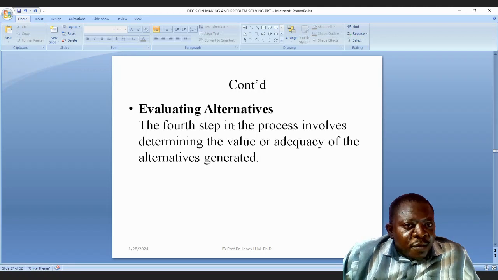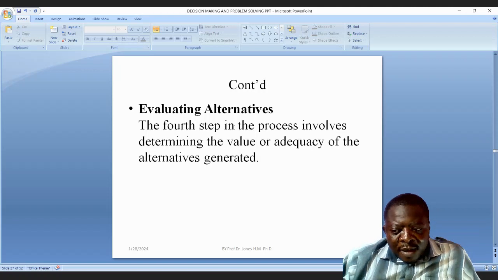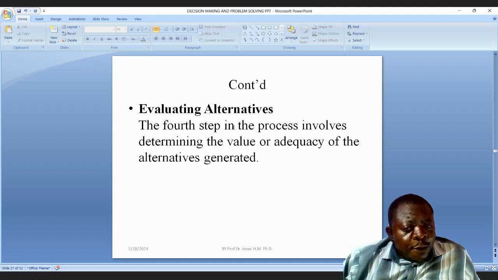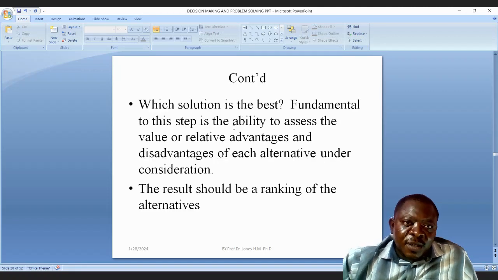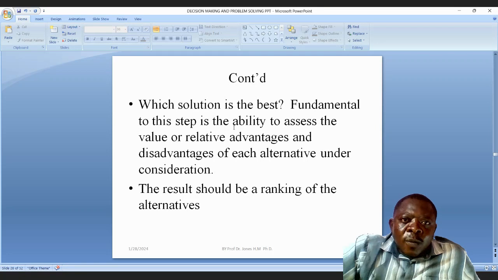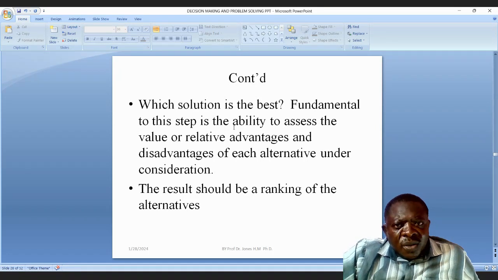One way of solving problems in one country, in one situation, may not be the best solution for solving another problem in a different country, different setup, different context. So in this step, you need to determine the value or the adequacy of all the alternatives that you have generated and look at which solution is the best.